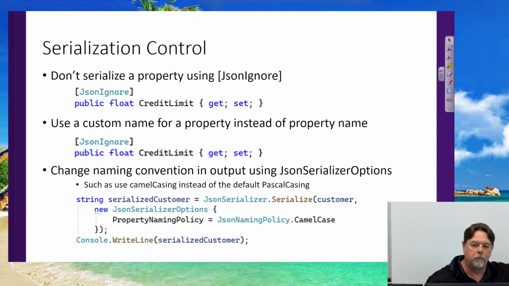Why would you want to do that? Like in this case, credit limit, maybe it's sensitive data. Like if you had an account object and you didn't want to serialize the password. Any number of things I can think of why you would want to do it. Or calculated fields. Maybe if you have a circle object and it has an area property, well, I calculate that, so I don't want to serialize it.